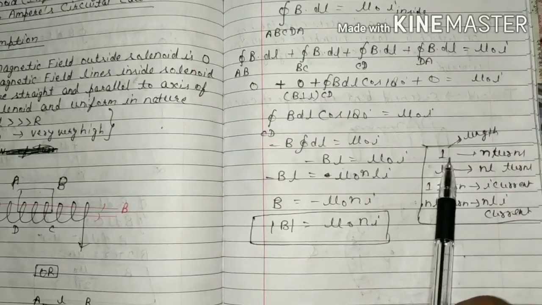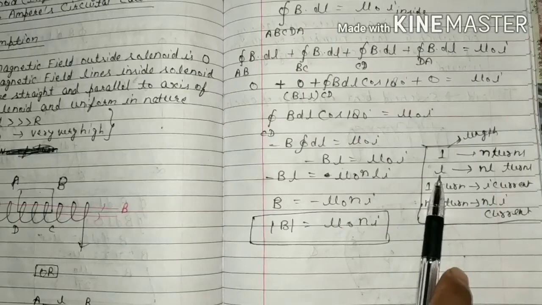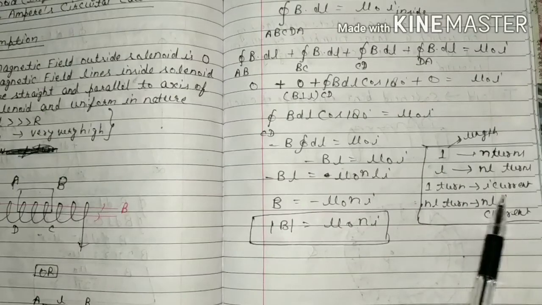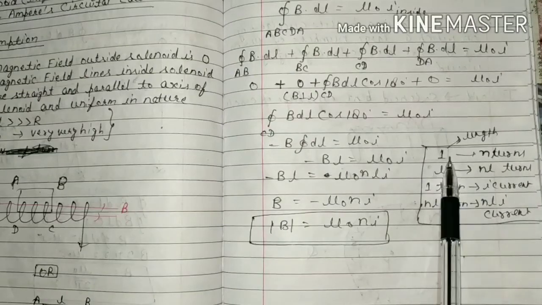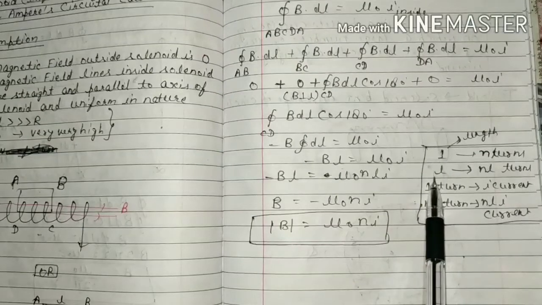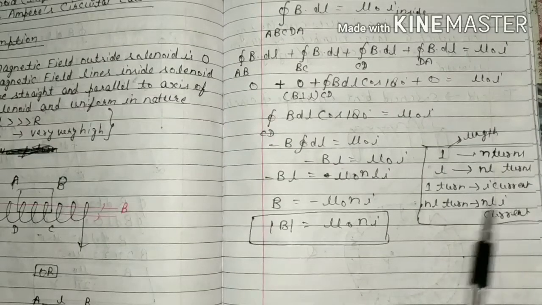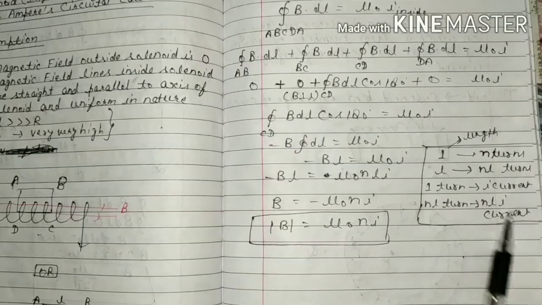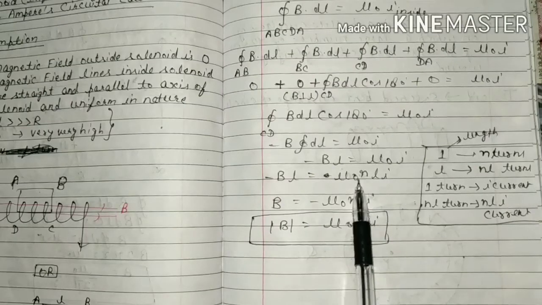If in one unit length there are n turns, then in length L there are nL turns, and in one turn we assume the current is I. So in nL turns the current is nLI. So minus BL is equal to mu naught times nLI.